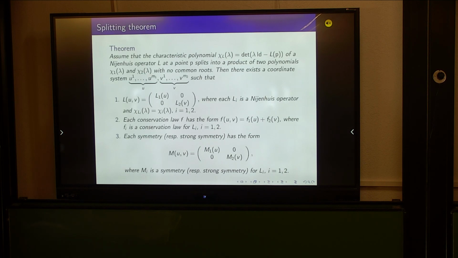Which says the following. Consider the Nijenhuis operator L, and assume that its characteristic polynomial splits into a product of two polynomials without common roots.